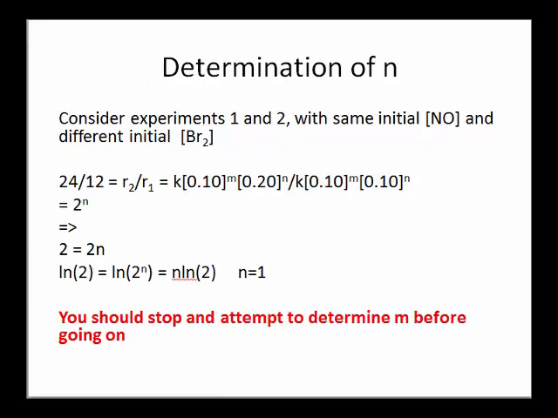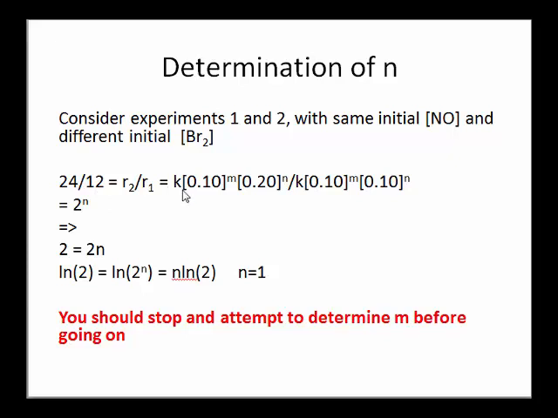Right, to determine n, consider experiments 1 and 2 with the same initial NO concentration and different initial bromine concentrations. Rate is proportional to the rate of product formation, so the ratio of rates, R2 over R1, is 24 over 12, which we know, of course, will simply be 2.